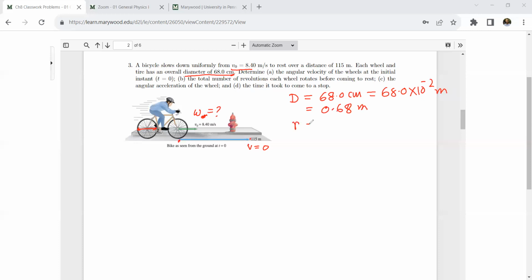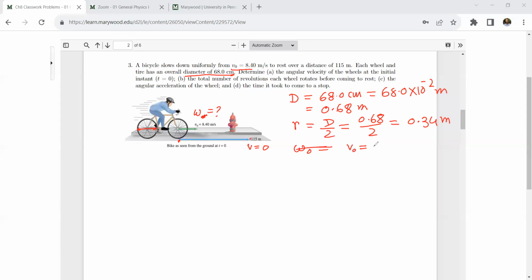The radius is half of the diameter, so it will be 0.68 divided by 2, and this is 0.34 meter. So the radius of this wheel is 0.34 meter.